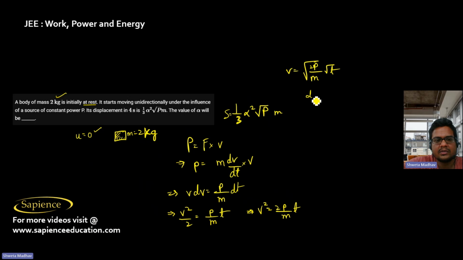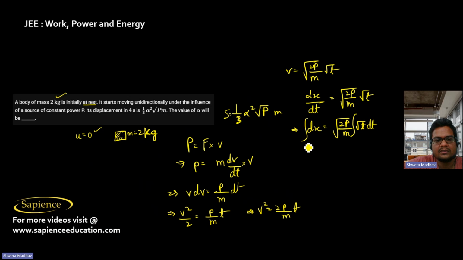So V is dx by dt. So dx by dt is root over 2P by m into root T. So therefore dx is equal to root over 2P by m into root T dt.